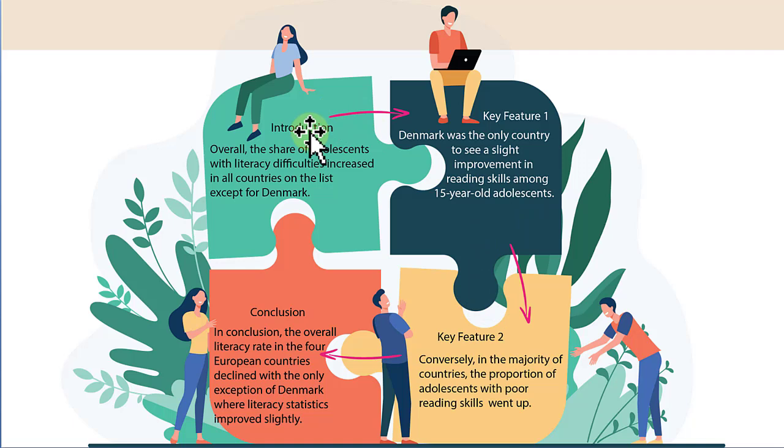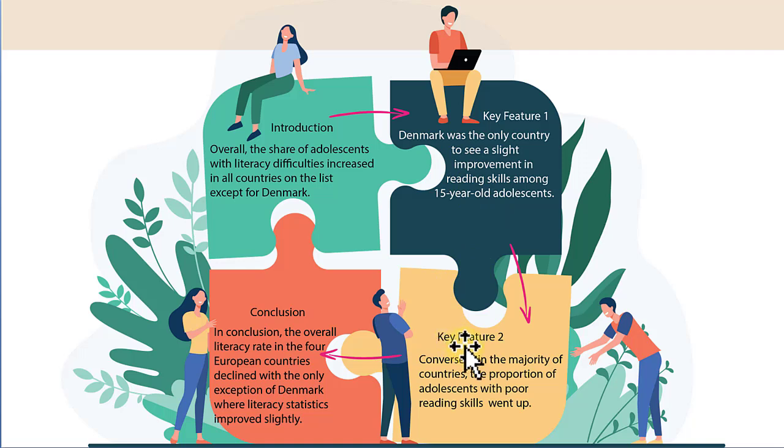So for example, look here how cohesion works. In the introduction, we mentioned that overall the share of adolescents with literacy difficulties increased in all countries on the list except for Denmark. So our introduction covers all countries, and then in the first key feature we take only one, Denmark, the country which saw improvements in reading skills.